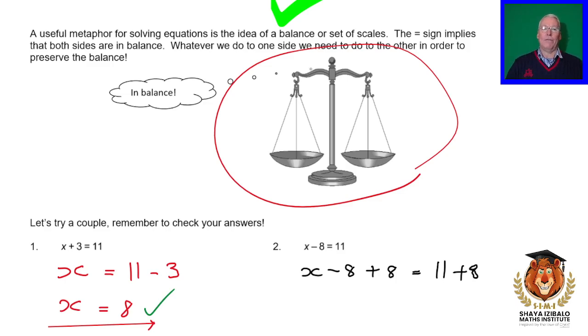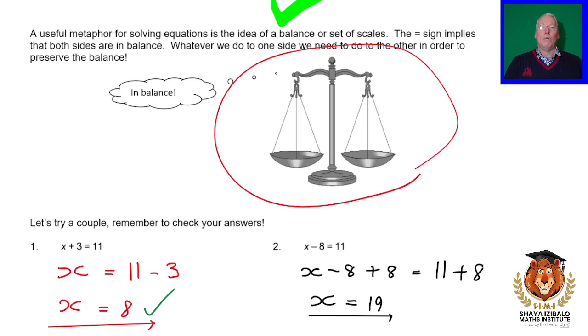Sorry, that's a dreadful 8. Let me have another go at that 8. 11 plus 8. Now on this side, we've actually got just x, because negative 8 and 8 cancel one another out. And so our final answer is just 11 plus 8, which is 19. Before we go on, let's just check that answer.